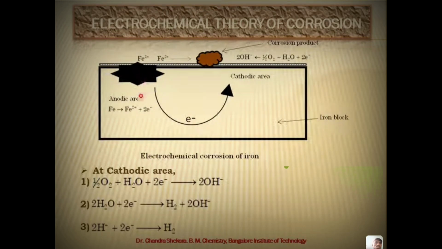For example, if we take iron metal, the iron atoms which are present on the surface of the metal get oxidized to Fe2+, liberating electrons, and those electrons flow from the anodic area towards the cathodic area through the metal.